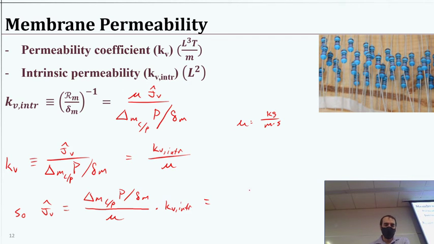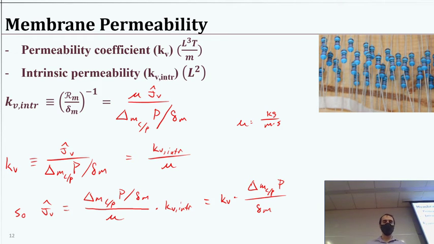A simpler way to write that would be to use the permeability coefficient and have this transmembrane pressure divided by the thickness of the membrane. So that gives us a flux given the permeability, transmembrane pressure, and thickness, as opposed to using the resistance type stuff, right?